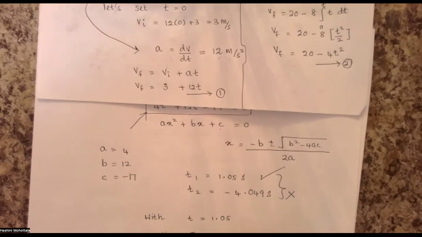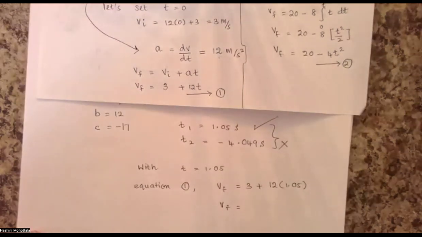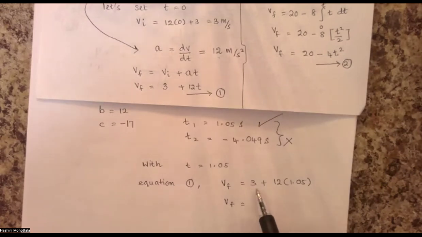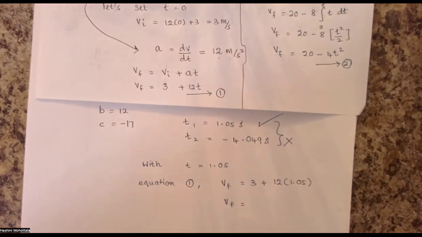In equation number 1, final velocity equals 3 plus 12 times 1.05, and someone sent me that answer as well. Final velocity is what, 15.594, or 15.59, something like that. V final equals 3 plus 12t, that's what the question has. That is our first equation.